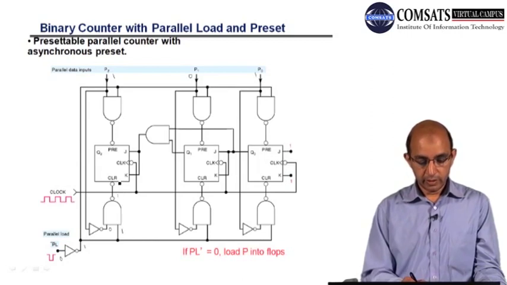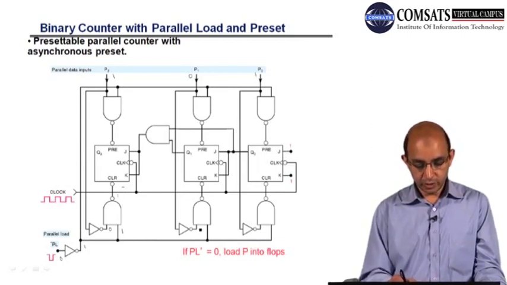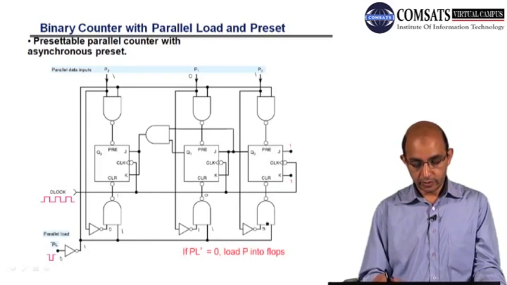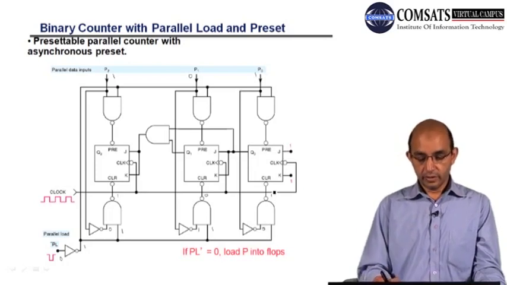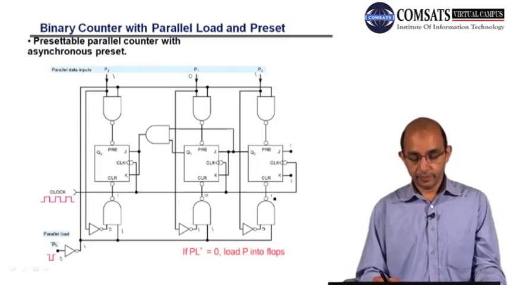Now here we have 0, so this is 1. Here we have 0, and here we have 1, so that one is actually 0. As a result of this 0, we will be having 1 at the output of this NAND gate.